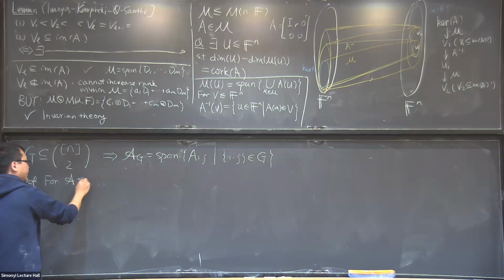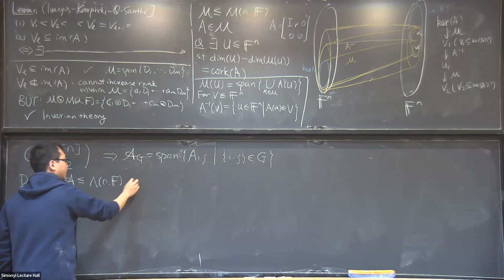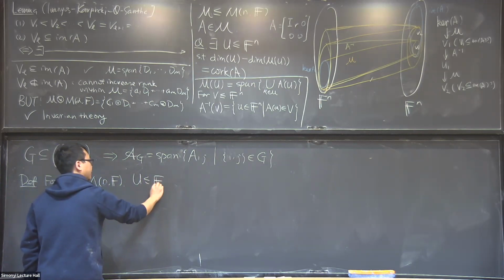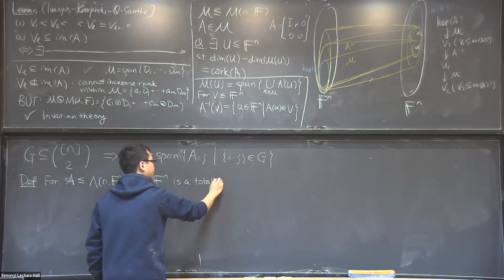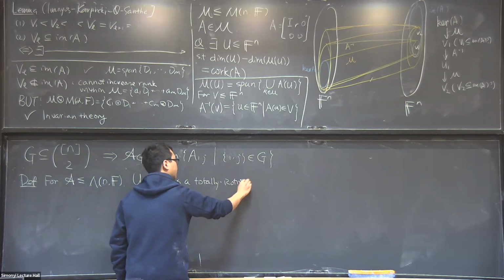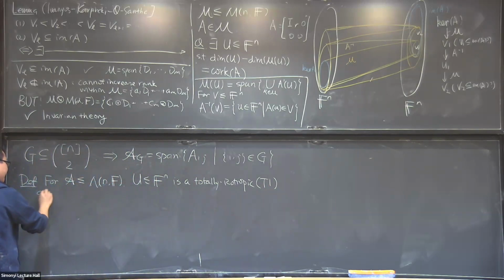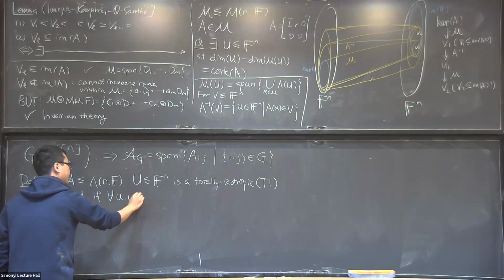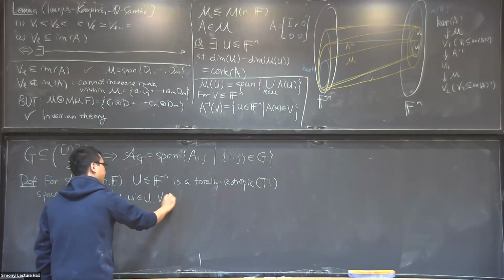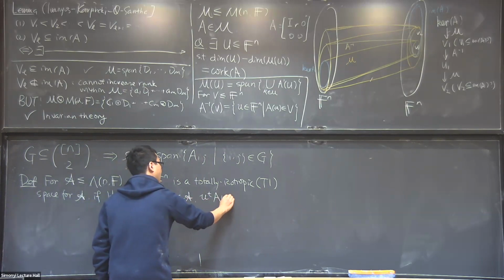For A, which is a subspace of Λ(n, F), U, which is a subspace of F to the N, is totally isotropic, for convenience I just call it TI, for A, if for any U and U prime in U, and for any A in A, we have U transpose A U prime is 0.